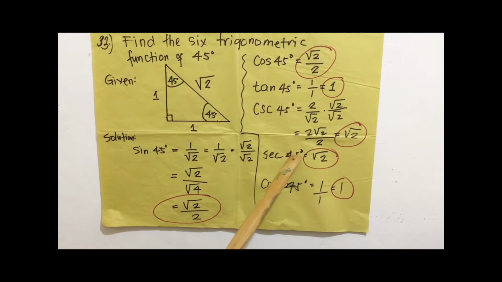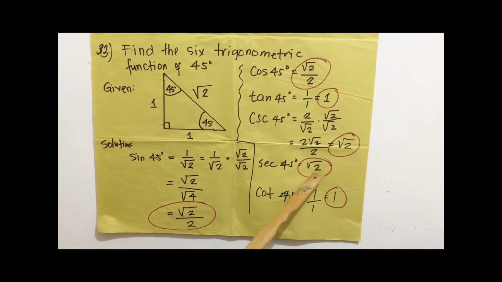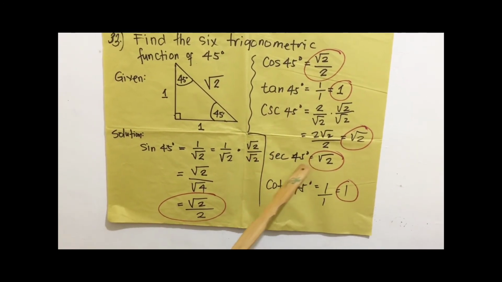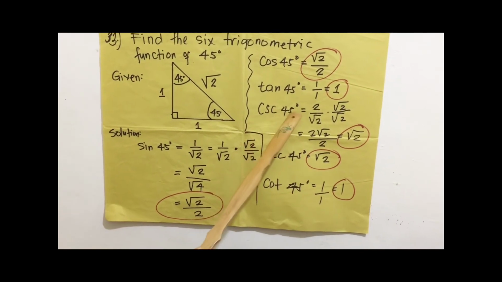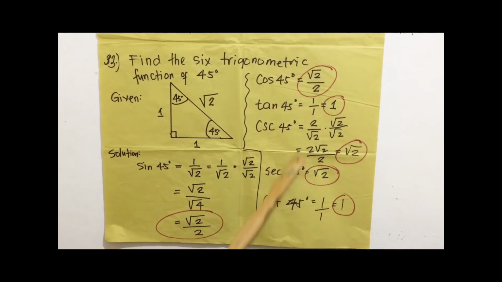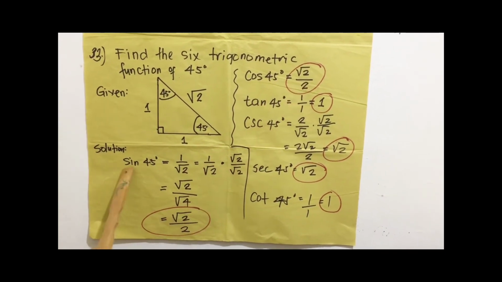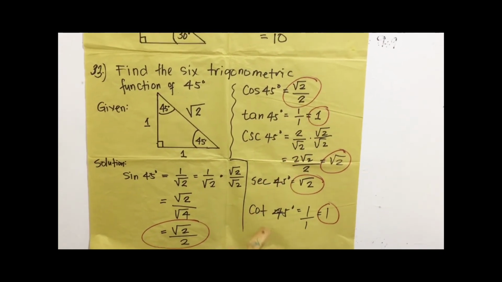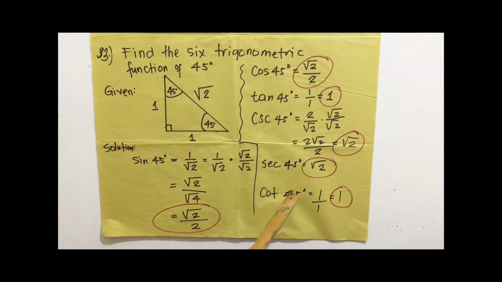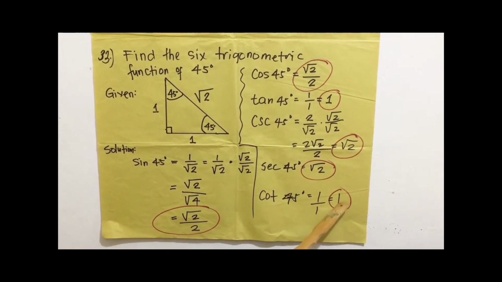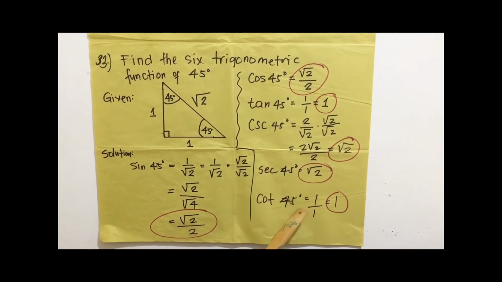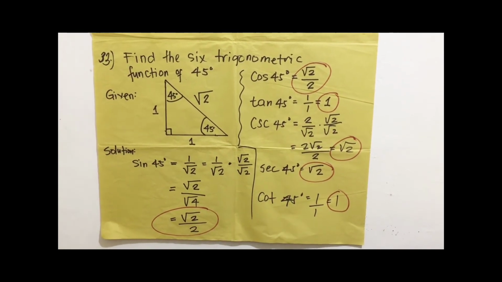The other one is also square root of 2 because they are the same. And for the cotangent 45 degrees, 1 over 1 equals 1, which is also the same as the result of tangent.